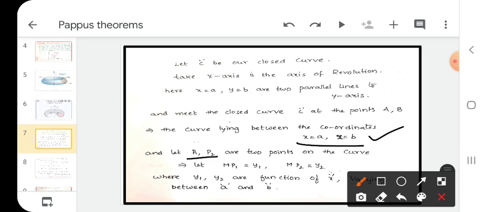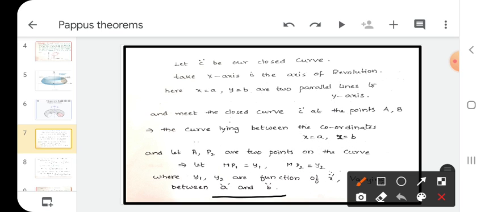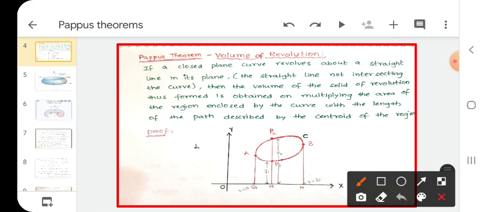Let P1 and P2 be two points on the curve. Here MP1 equals y1 and MP2 equals y2, where y1 and y2 are functions of x, varying between a and b. This is the a value, this is the b value, and in between we take the y1, y2 values.